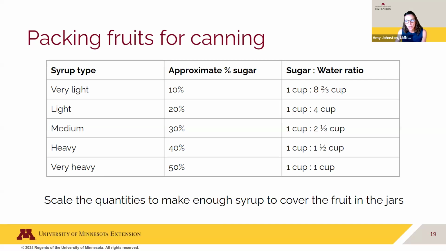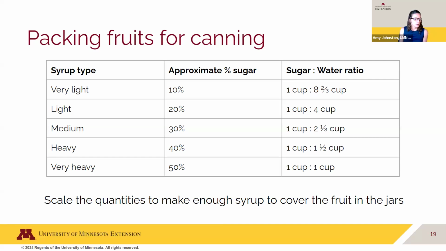A very light syrup is only going to have about 10% sugar, and you would make it by dissolving 1 cup of sugar into 8 2/3 cups of water. The very heavy syrup is 50% sugar, so it's an equal ratio of 1 cup of sugar to 1 cup of water. You can scale the quantities to make enough syrup to cover the fruit in your jars.